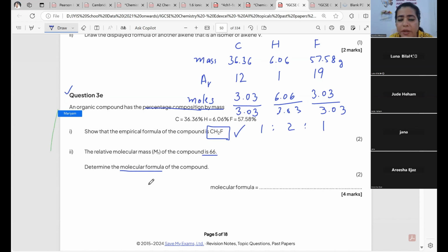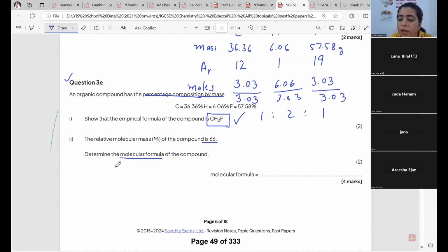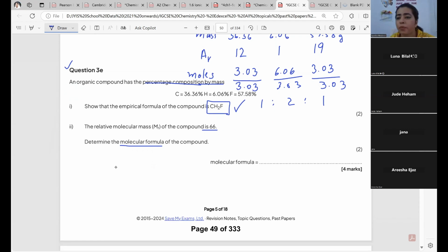Okay, I can tell here. For the molecular formula, we first of all need a number n. n is molecular formula mass divided by empirical formula mass.